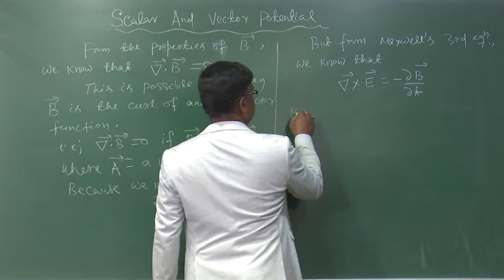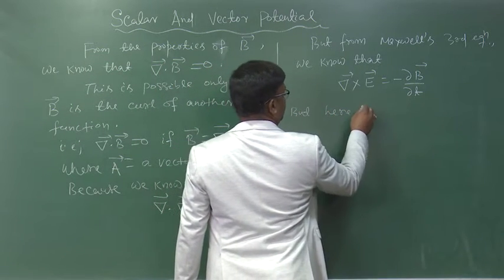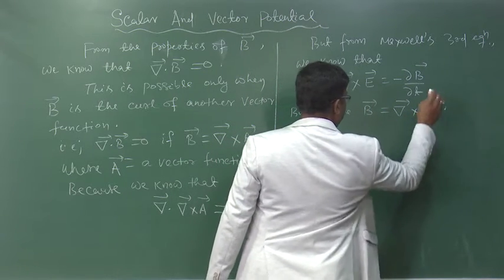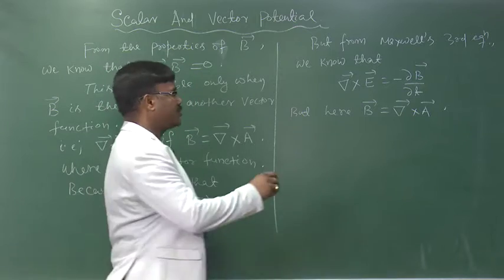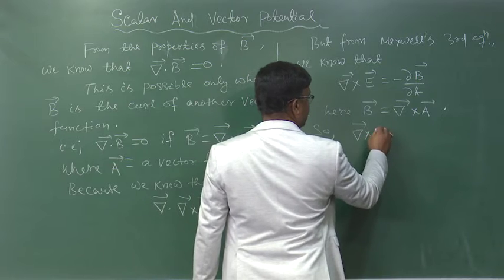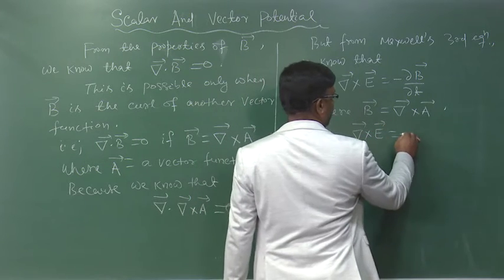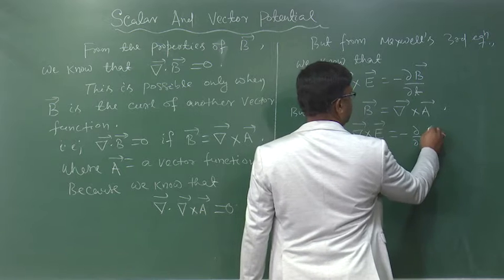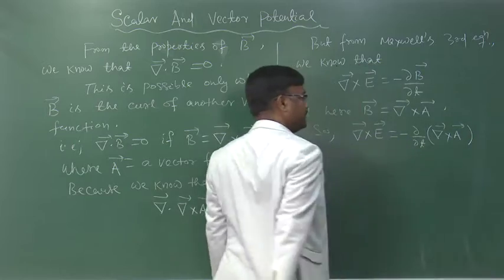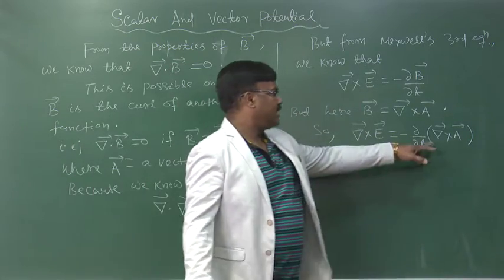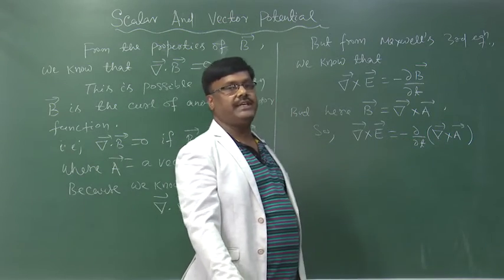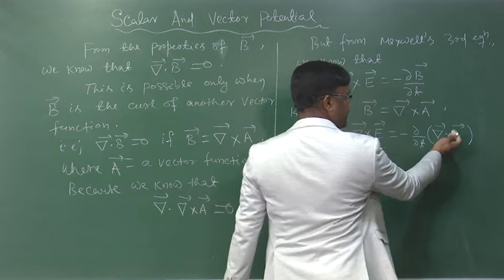But here B vector equals grad cross A. So, grad cross E equals minus del by del t of grad cross A. Since the del operator is a function of space coordinates only, it can be taken outside.